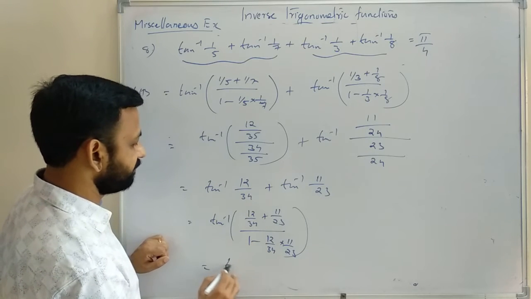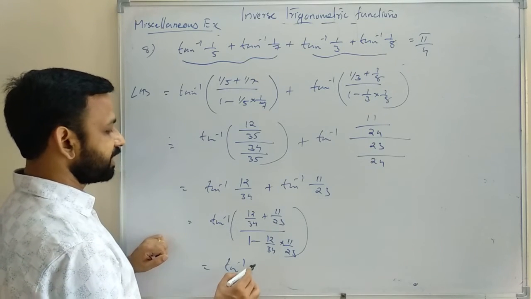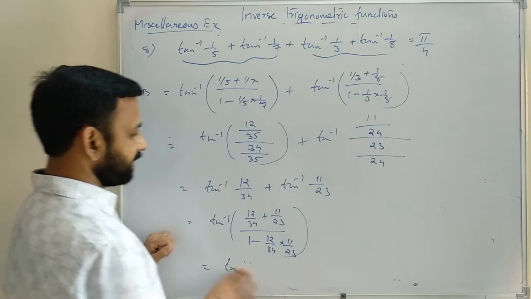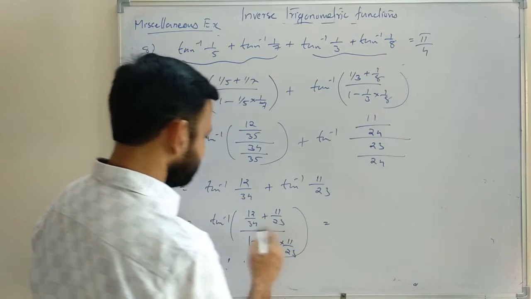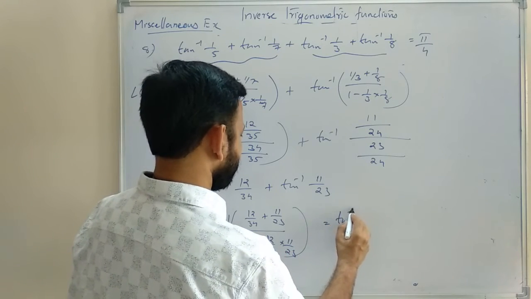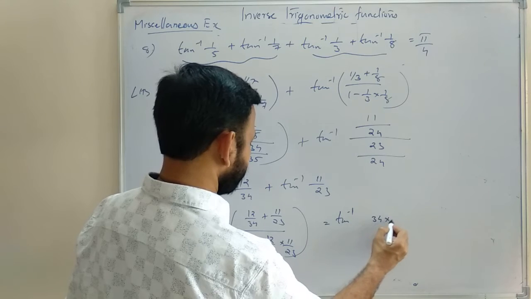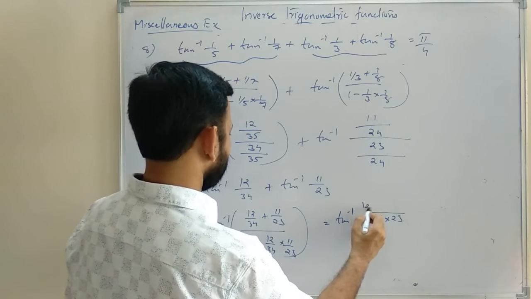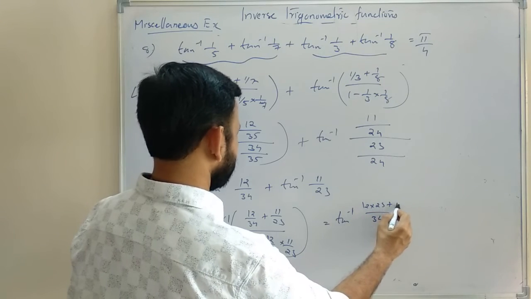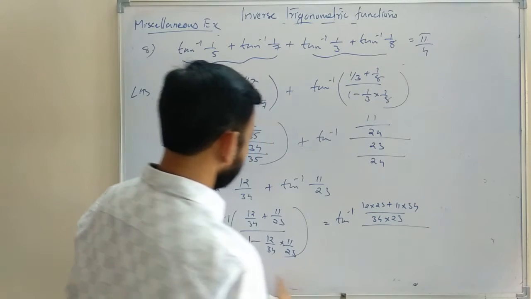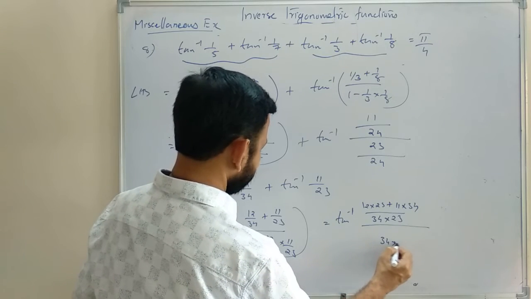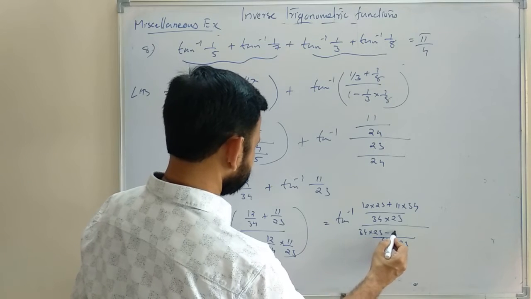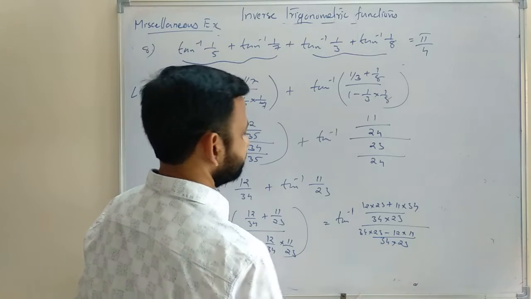When we take the LCM, the product of 34 and 23, the numerator will be 12 into 23 plus 11 into 34. The denominator will be 34 into 23 minus 12 into 11.